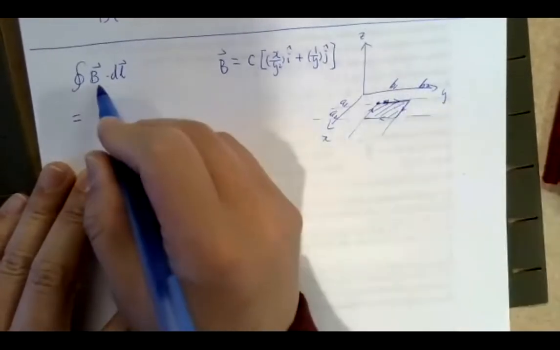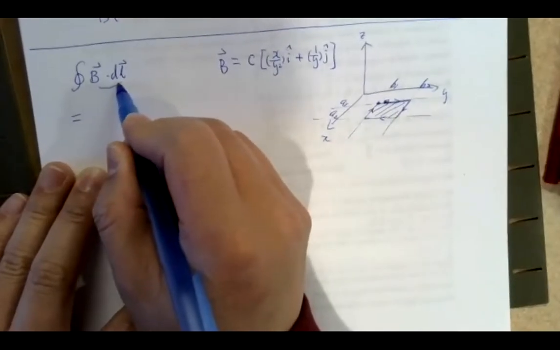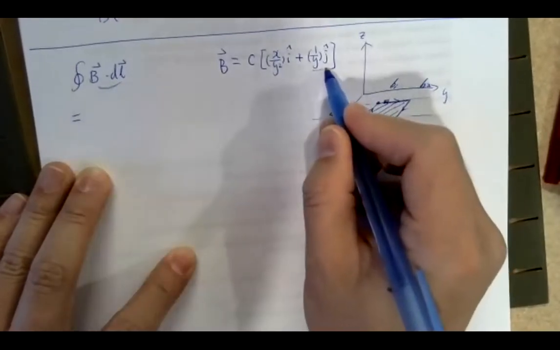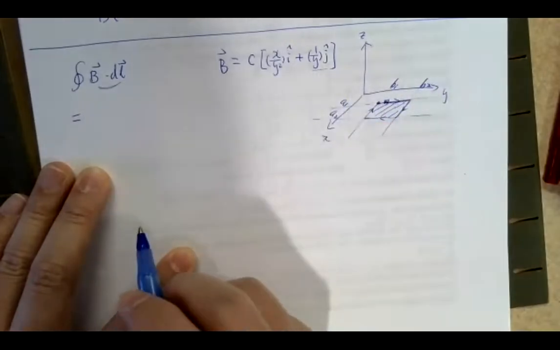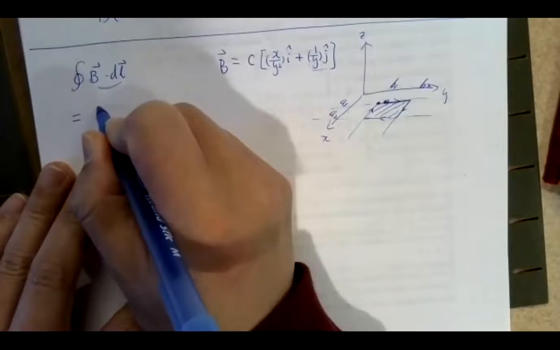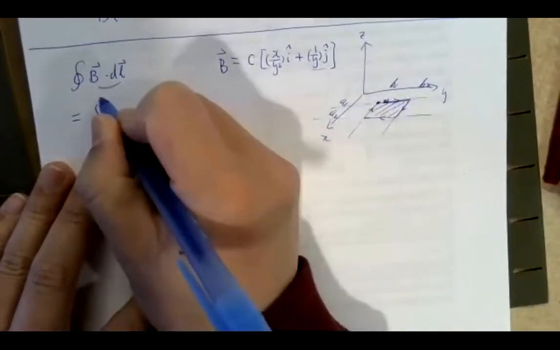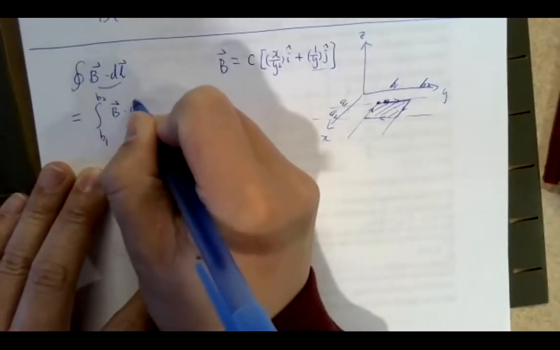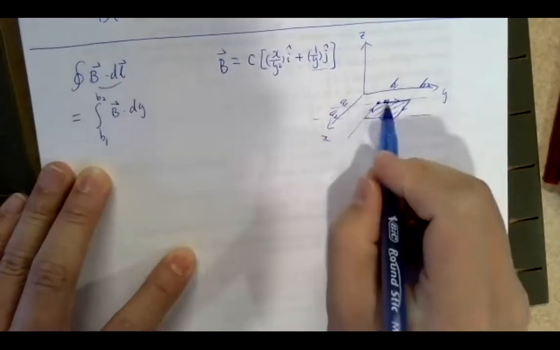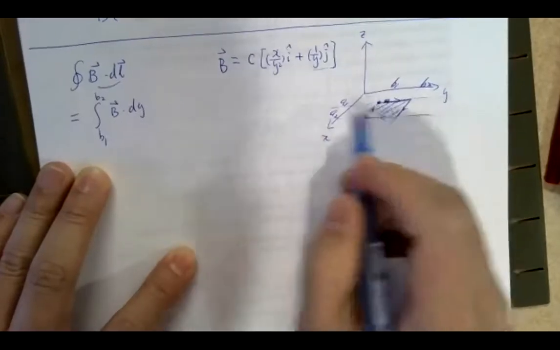Since it's a dot product, I only have j dot j, because i dot j is 0 and j dot j is 1. So let's do it this way: the integration from B1 to B2 of my B field dot my dl, which would be my dy direction.